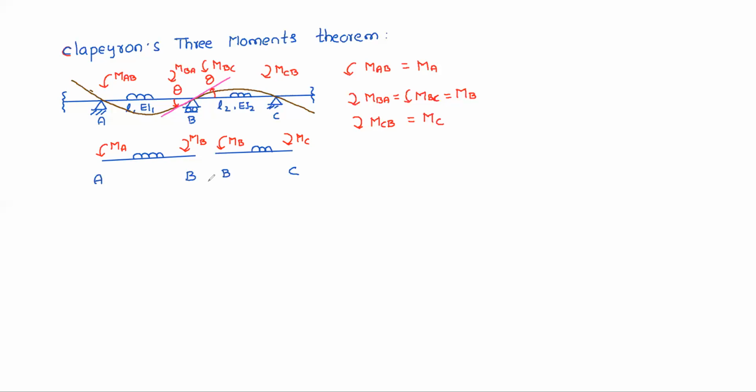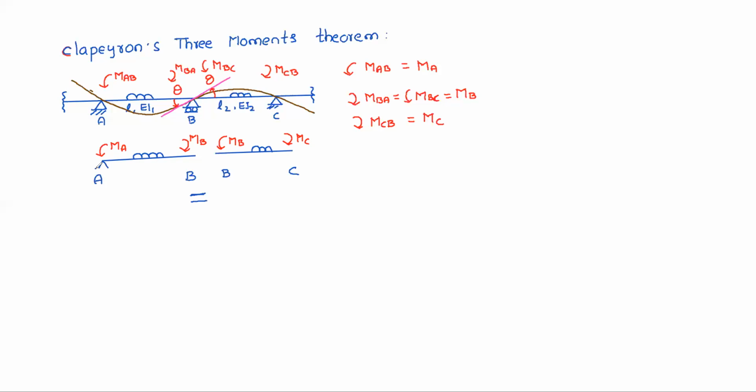Further, this can be split into separate cases: once you apply MA, once you apply MB, once you apply the external load, and find theta. So we'll find theta here by splitting the loadings into three patterns.